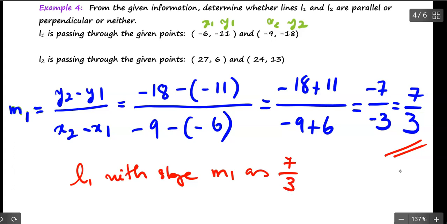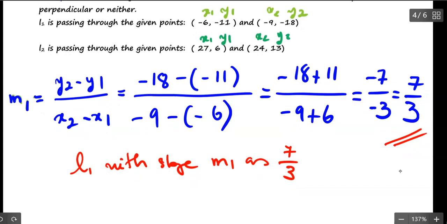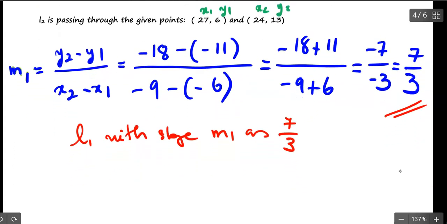Now we move on to this line. Again, I will label my coordinates to make sure that I don't make an error here. Then y2 minus y1 over x2 minus x1.